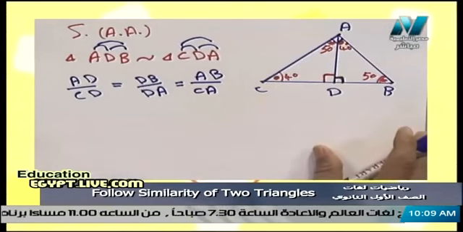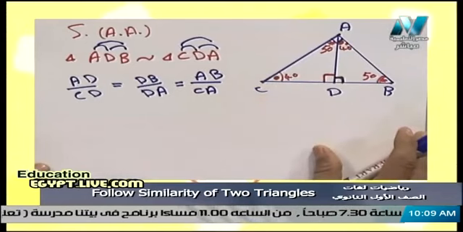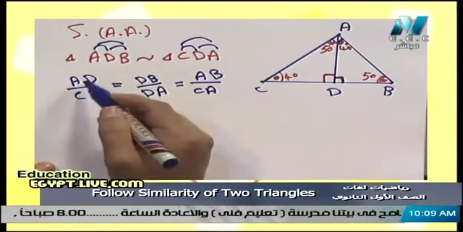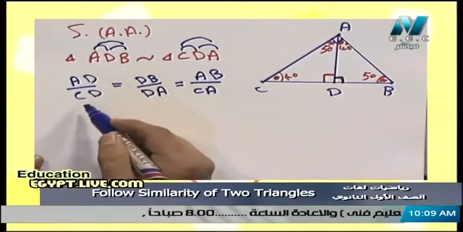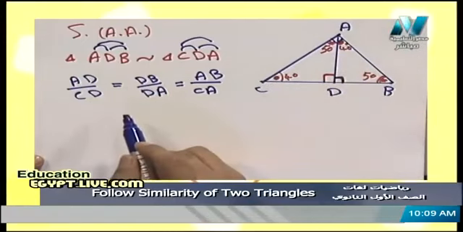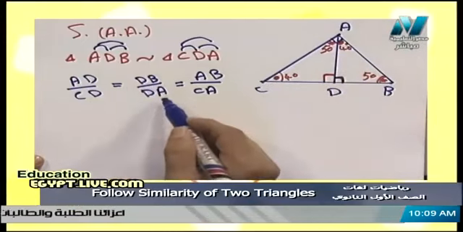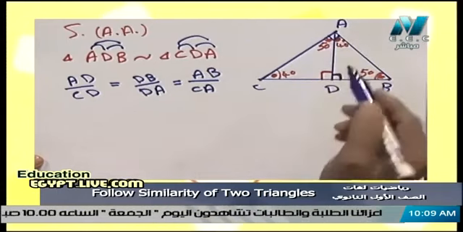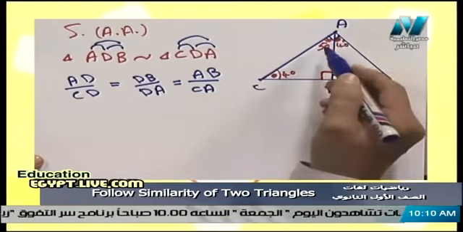Okay, and what will we deduce from that? We have AD over CD equals BD over DA equals AB over AC.